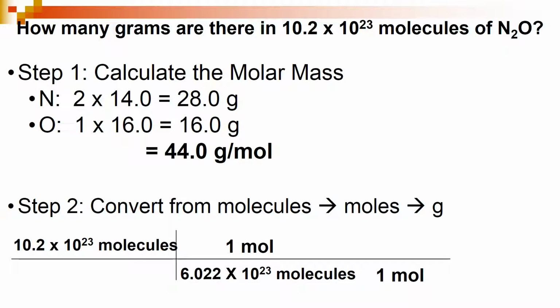Then, we know that there's 1 mole of dinitrogen monoxide in 44.0 grams of dinitrogen monoxide. Canceling out like units, we're going to multiply the 10.2 times 10 to the 23rd times 44 and divide by 6.022 times 10 to the 23, and this is going to give us a value of 74.53 grams.